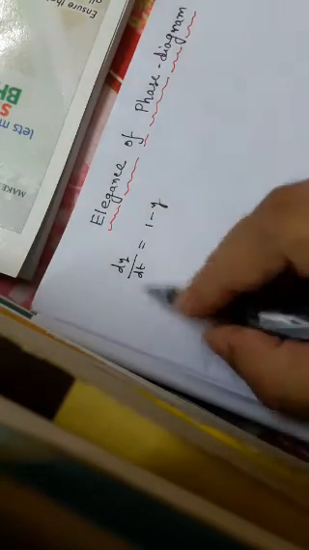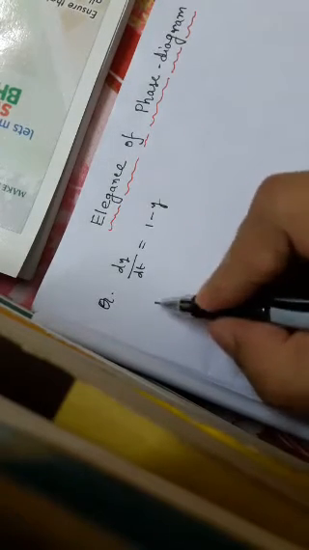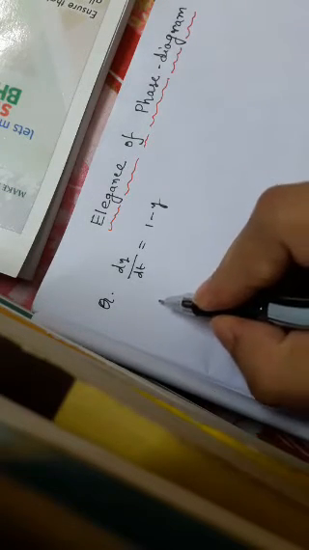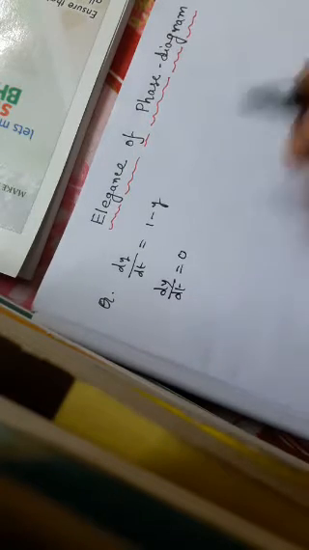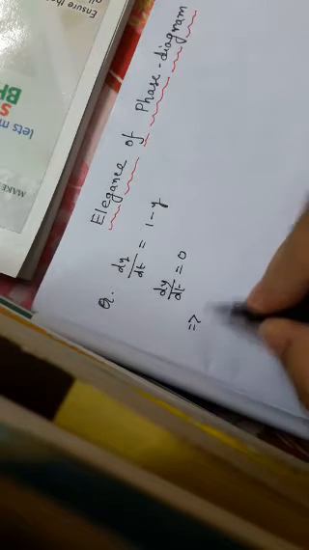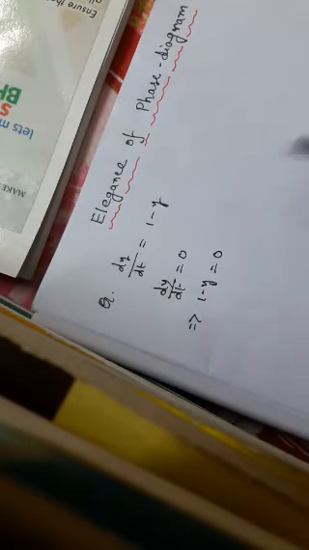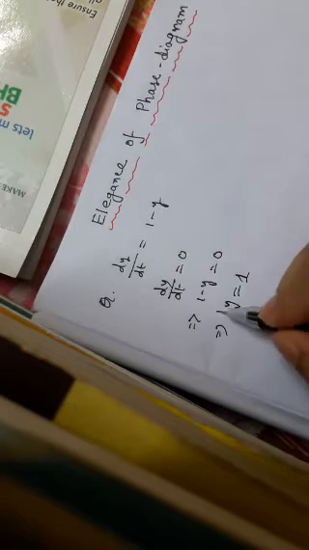Now what we do next step, if we set dy/dt equal to 0, that gives 1 minus y is equal to 0, that gives y is equal to 1.